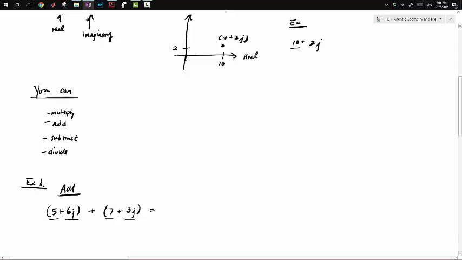So this will come out to be 5 plus 7 plus 6j plus 3j. And when we simplify it, we're just going to get 12 plus 9j.